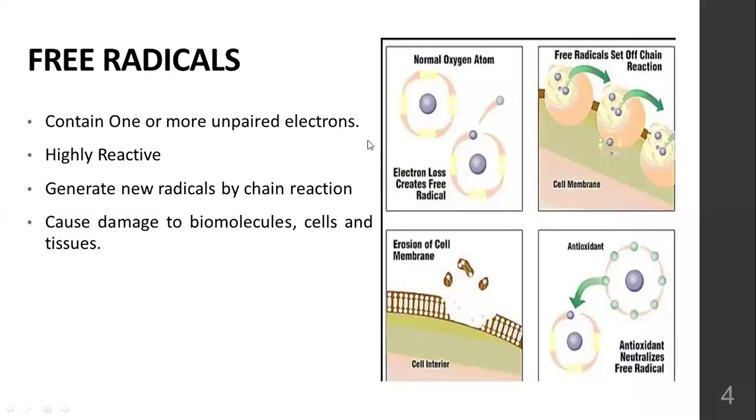So coming to free radicals, what are free radicals? See, the oxidizing agent is the free radical. They contain one or more unpaired electrons.